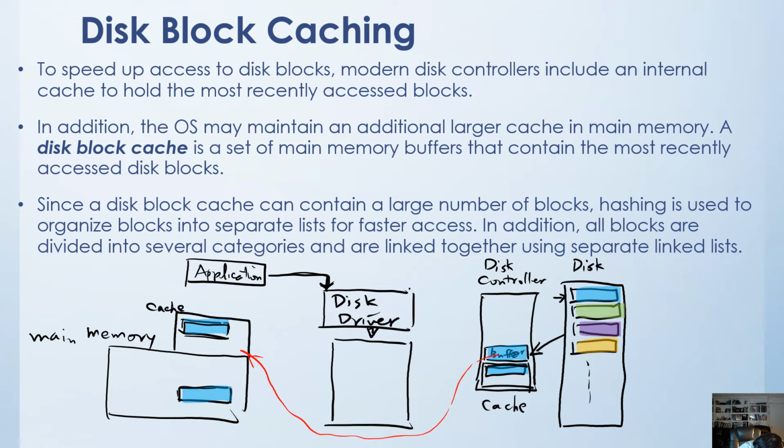The second data is copied to the buffer, and it's also cached over here, and then it's also cached over here. And then the data is actually copied into the main memory.